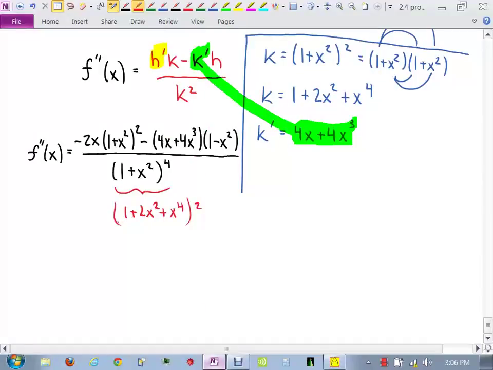Okay, this is our derivative though, right? This thing right here? That's our derivative. And we need to plug 1 into that. So I want to know what f double prime of 1 is.